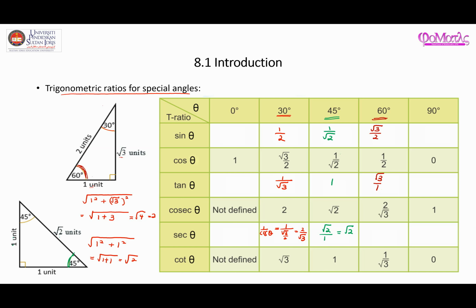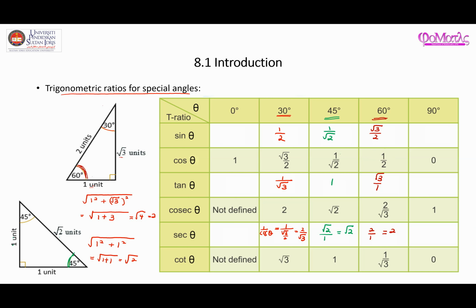And then secant of 60 degrees. Secant is 1 over cos, so this is cos of 60 degrees, and we take 1 over this value. Therefore, the value here will be flipped, so it will be 2 over 1, which is just 2.